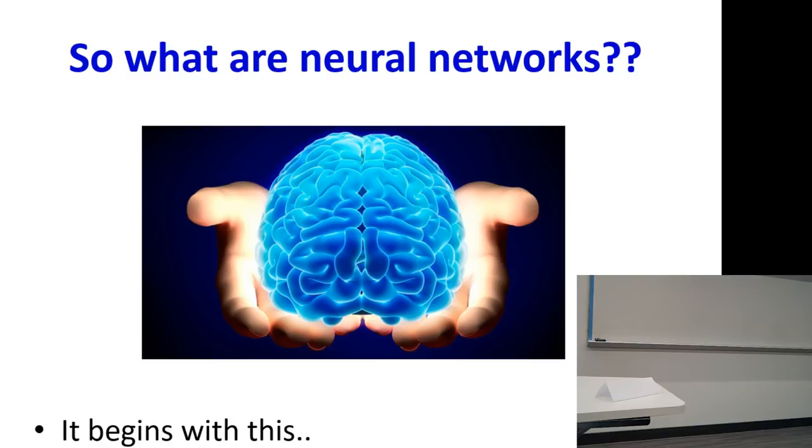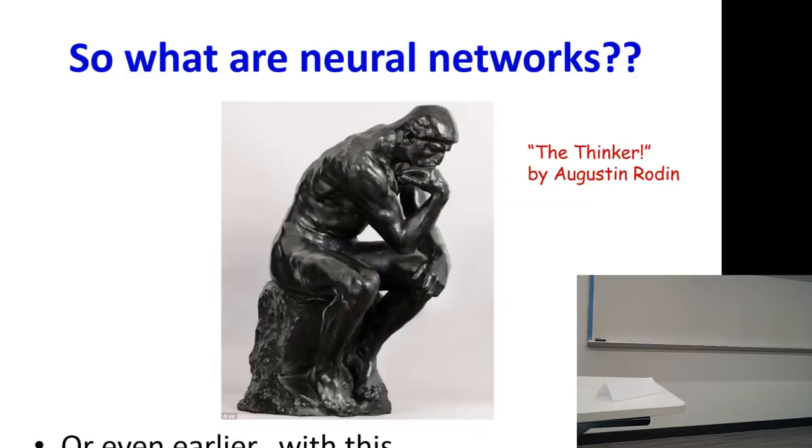There are many other species who produce some kind of vocal communication, but we have very detailed and efficient language. And recognizing speech is a very human task. Assigning captions to images, describing stuff in language, is a very human task. So all of these actions, those black boxes that we just saw, are powered by the human brain. So if we really want to understand how these things can be done computationally, maybe we want to start by trying to understand the human brain, or even earlier, try to understand what it means to think.